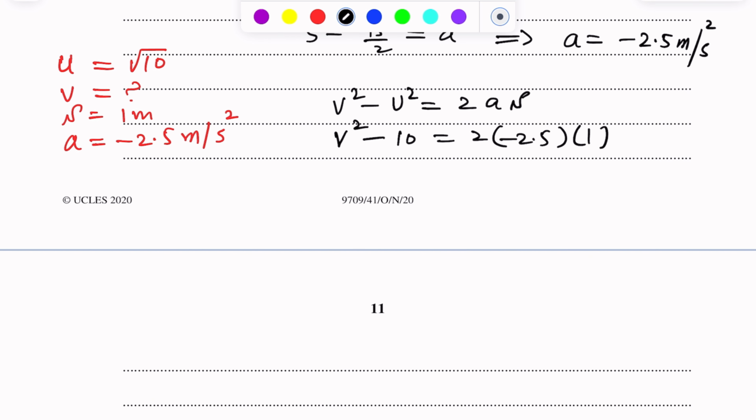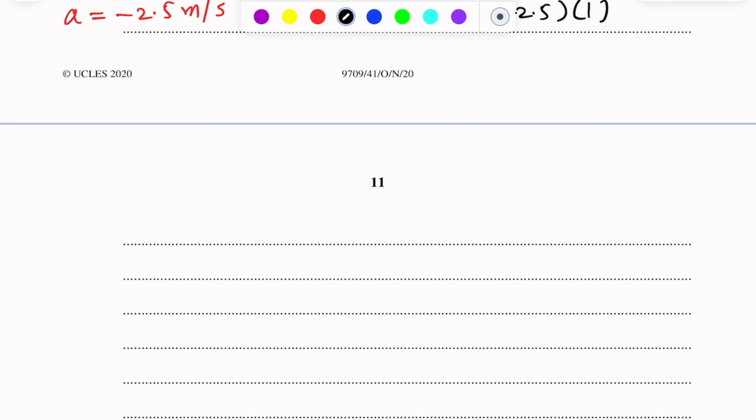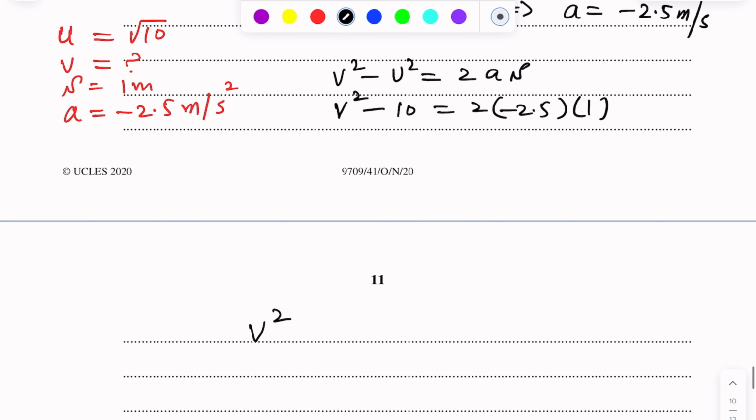Now from here, v square minus 10 is equal to 2 into minus 2.5 into 1.